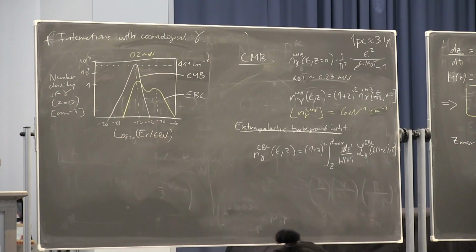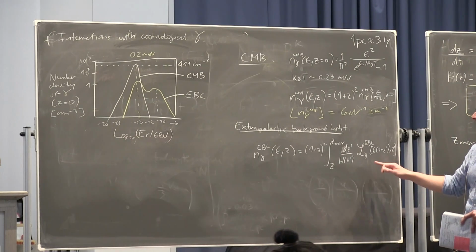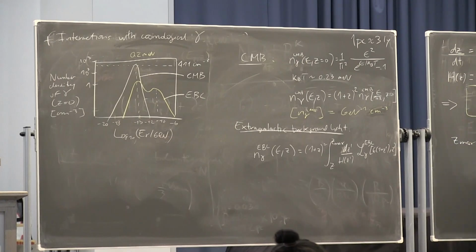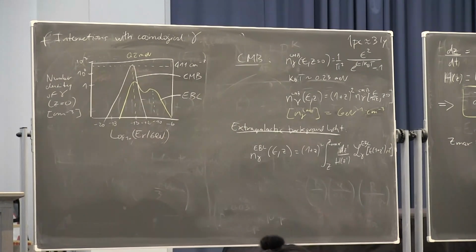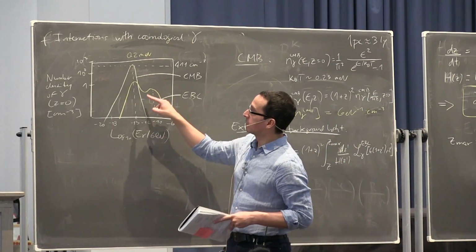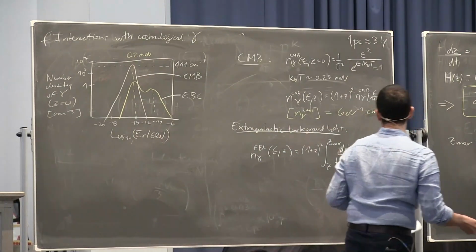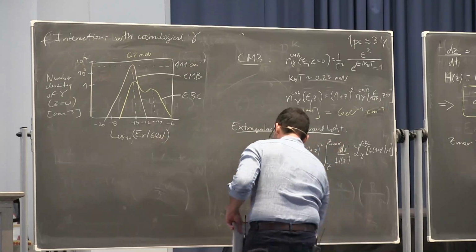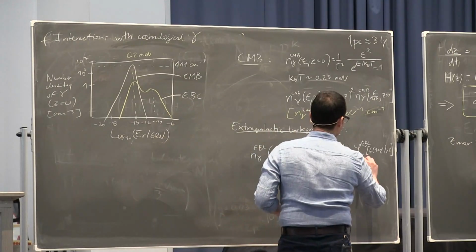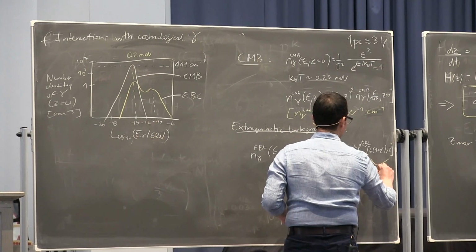There are many ways to estimate this, and it involves making informed guesses about what the number density evolution of the sources of the EBL photons is. So let me skip that, because that is actually where the astrophysics comes in. But this is how it looks at redshift of 0. And we can use some informed considerations about this to find how it looks at different redshifts.